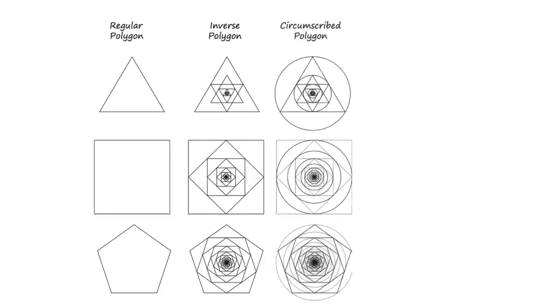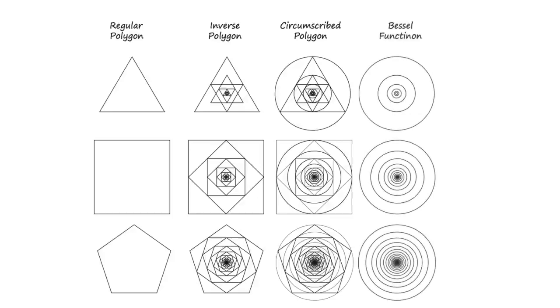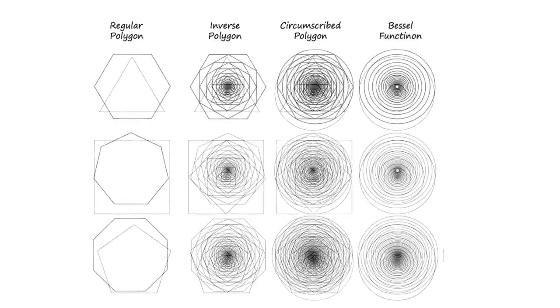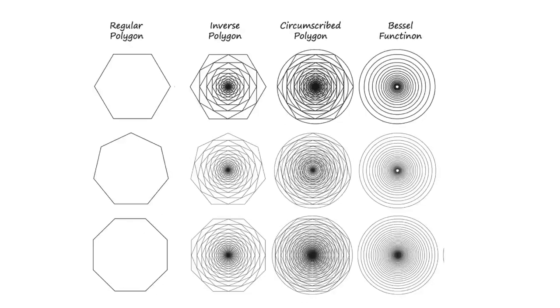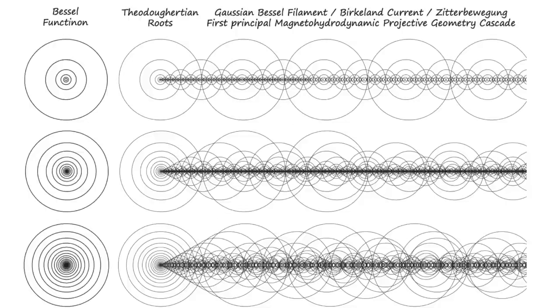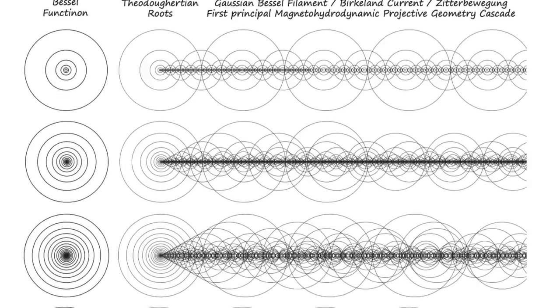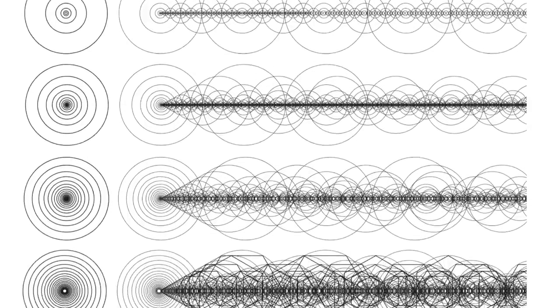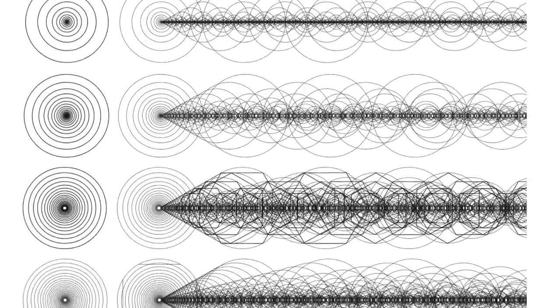We then bound or circumscribe the polygons, and this is what gives us the Bessel function. Each one of these Bessel functions is unique, just like our fingerprints and atomic uniqueness. From there, we iteratively repeat the Bessel function, cascading outward from the initial Bessel function.